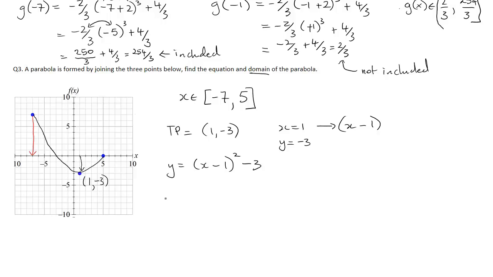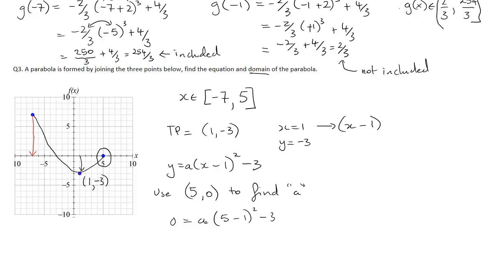Now that we have those points, it may be important to find your dilation factor, to find the value of, say, A. Now, what we can do is use another point. We can use this point here, which looks like an x-intercept, so use 5 and 0 to find A. So we're going to go, okay, well, 0 equals A, 5 take away 1 squared, minus 3.